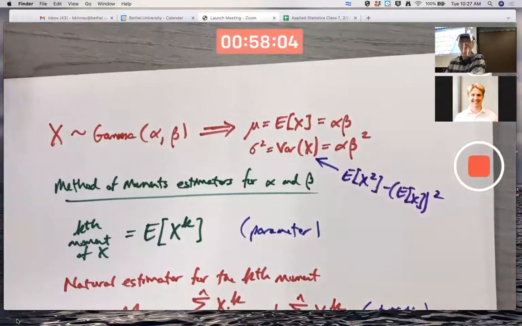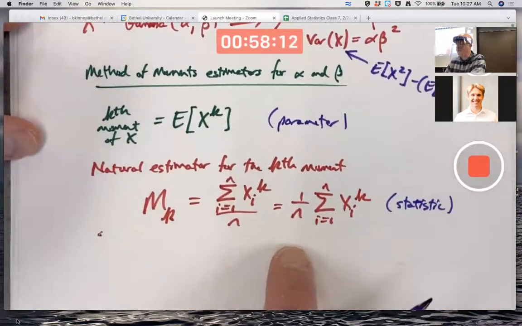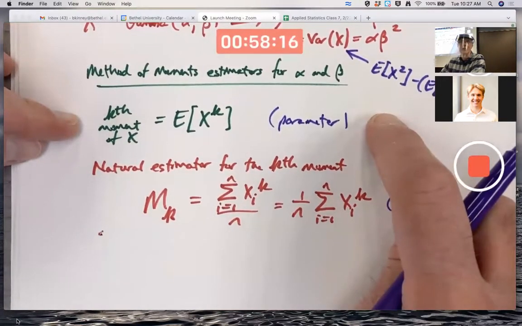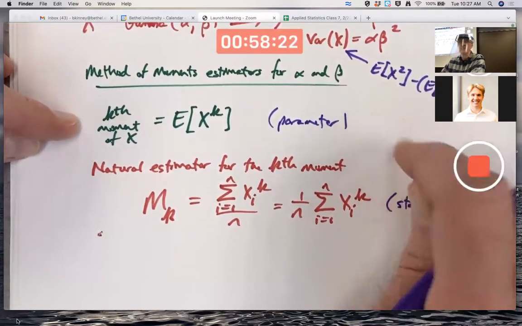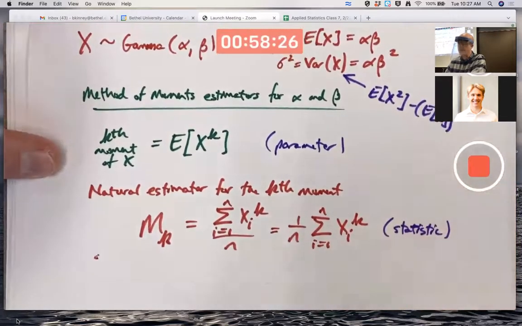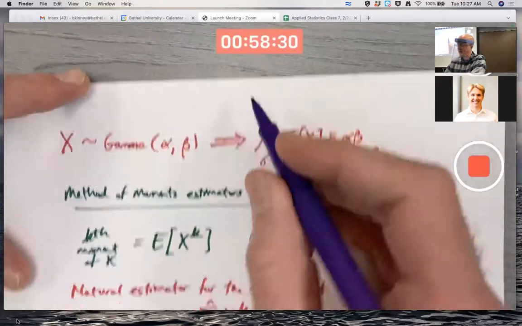And then solve that system of equations for alpha and beta. And that's a good thing because we can find observed values of moments. We can find observed values of statistics. We can't find parameter values if we don't know what the distribution is. We're trying to estimate the parameter values. That's what we do.